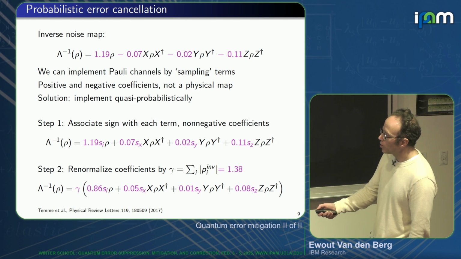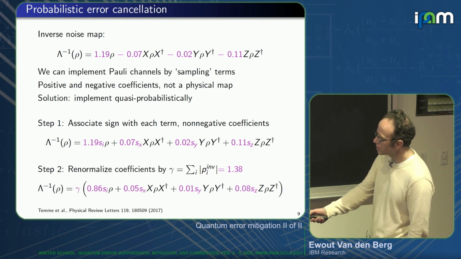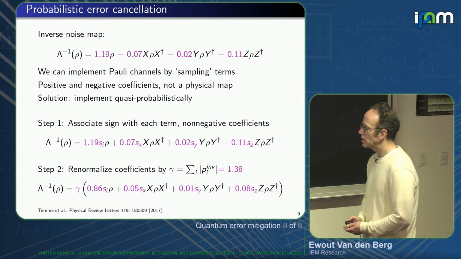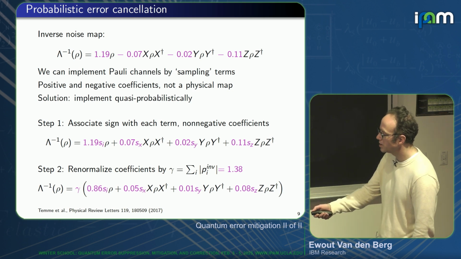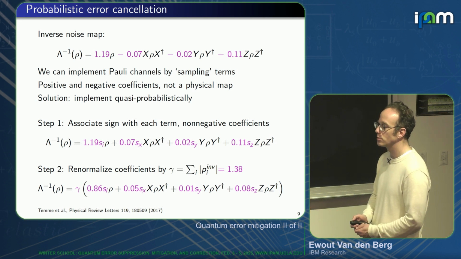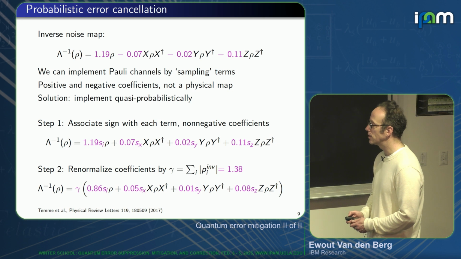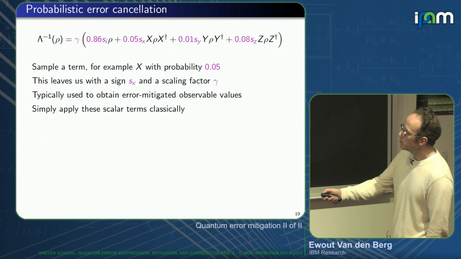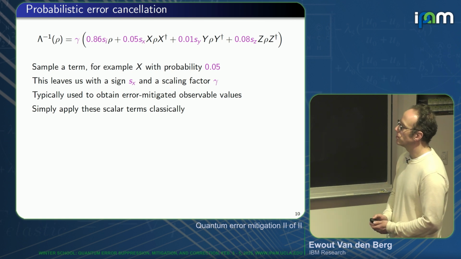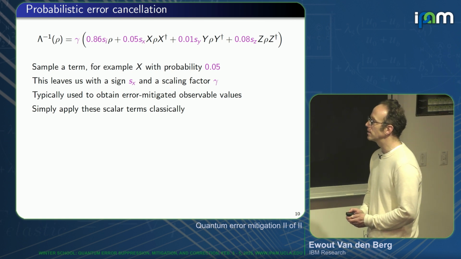We can then renormalize the coefficients by the summation of these terms to turn this into a probability of the different terms. The terms may still have a sign here, and there's an overall scaling factor. So we can now sample each of these terms independently.